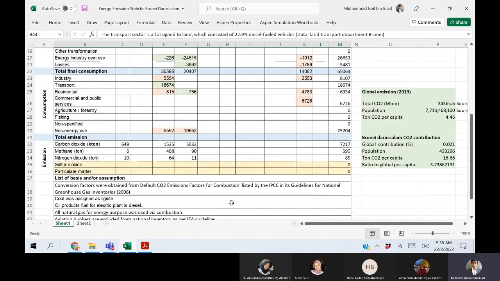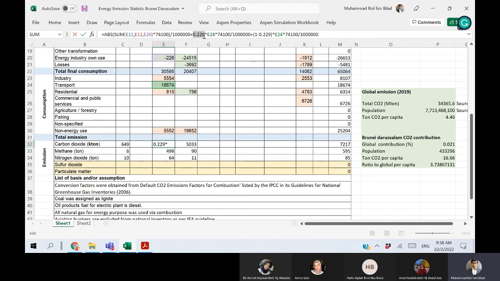So basically, what I did here was I multiply this one. You might argue with me, for example, it's just a number of vehicles, 22.9%, it's not the fuel consumption. Well, yes, that is correct.